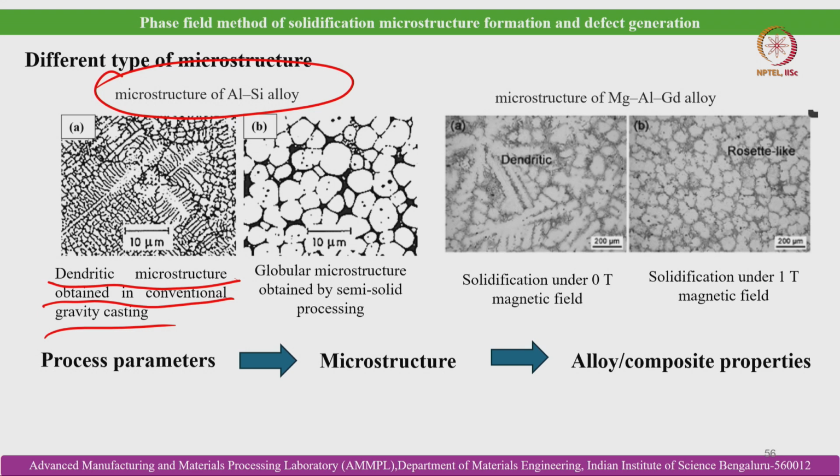Whereas in case of higher cooling rate, like in semi-solid processing, like we were discussing in the previous slide when we discussed the multi-phase multi-scale CFD based process model, that process model was predicting the microstructural information quantitatively in terms of grain size, degree of sphericity of the evolving solidifying grains, etc. Whereas in this case you can simulate the microstructure in both the conventional gravity cast state of the same alloy, and also when you carry out semi-solid processing, and thereby you can achieve spheroidal microstructure in the alloy.